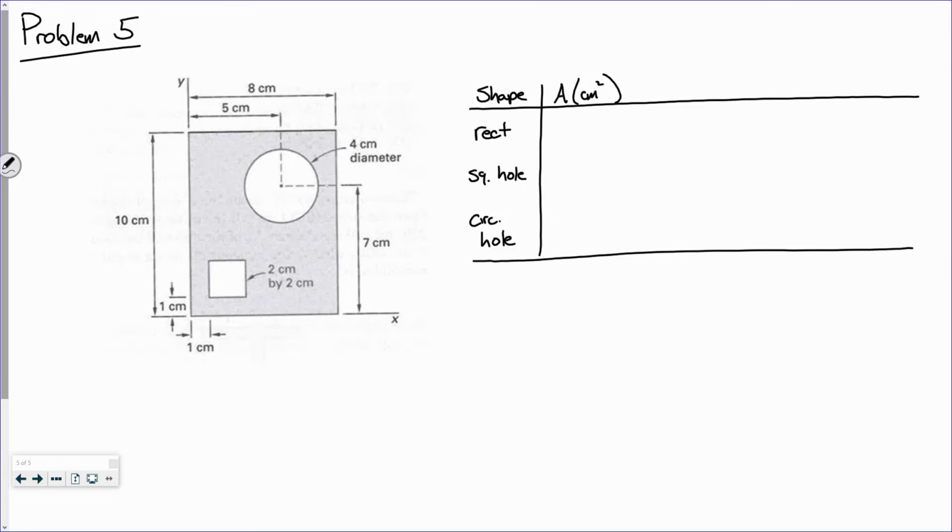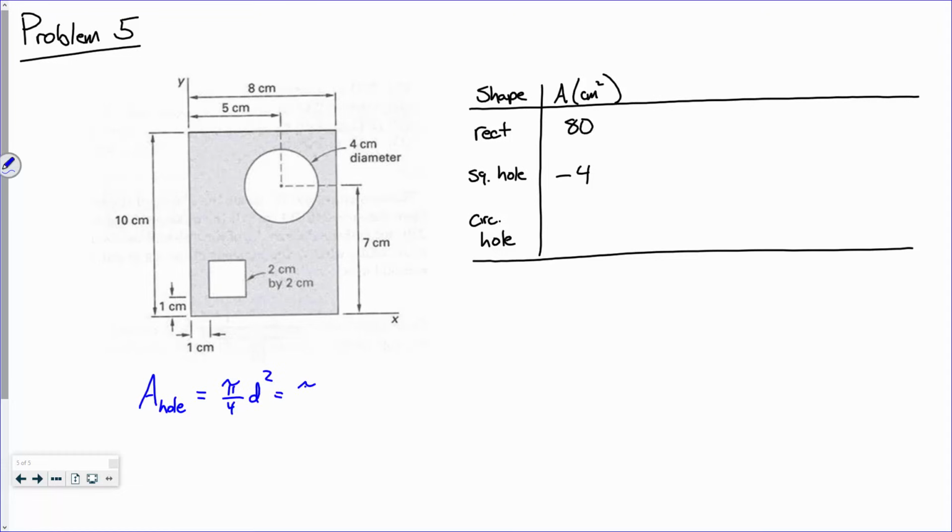Now, help me out. What is the area of the big rectangle? 80. Now, what is the area of the square hole? 4. But since it's a hole, I'm going to say it's -4. Now, the circular hole, how am I going to determine the area of that hole? The area of the hole equals pi over 4 d squared.